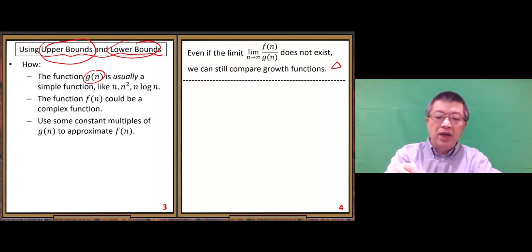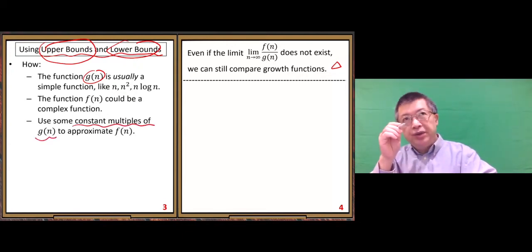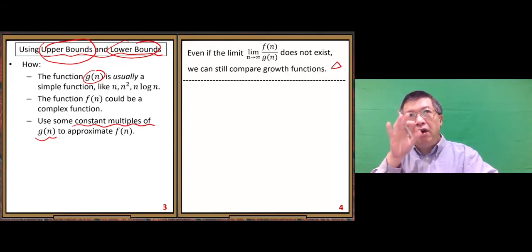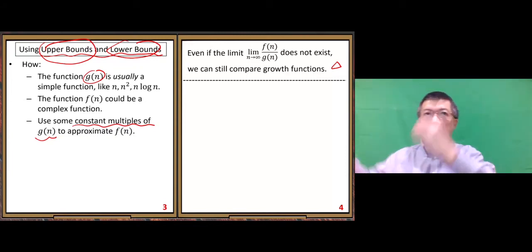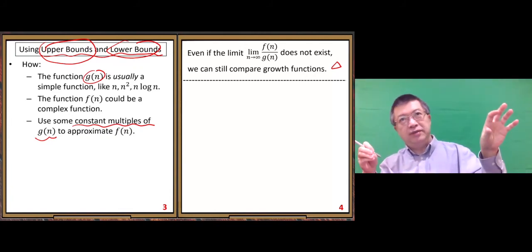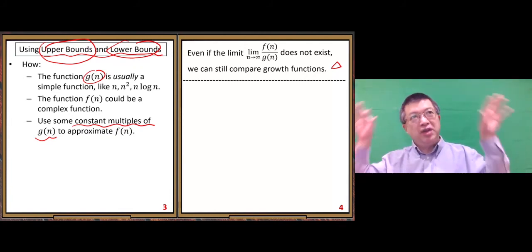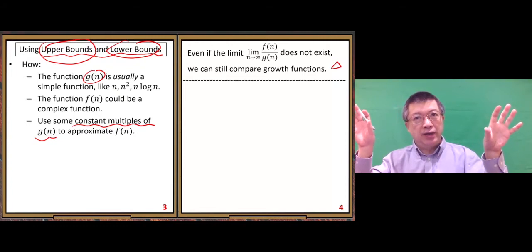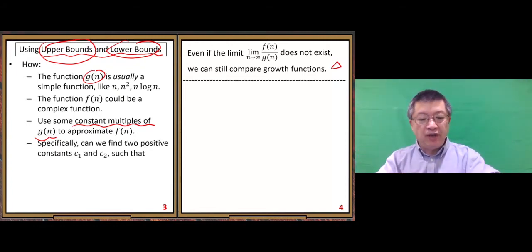What's the meaning? Use some constant multiples of g to approximate f of n from the upper bound side and the lower bound side. So that's the meaning of upper bound, lower bound.